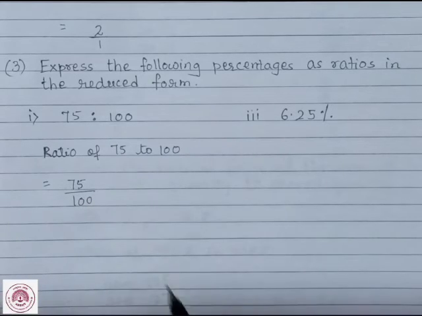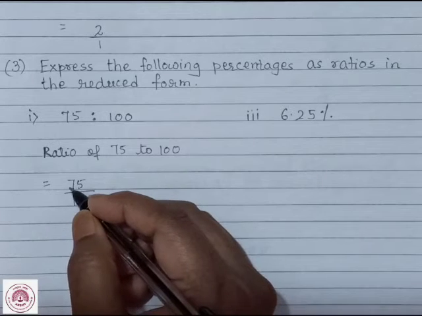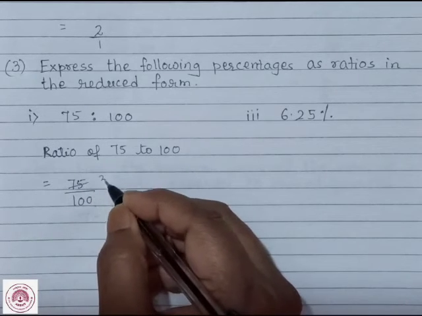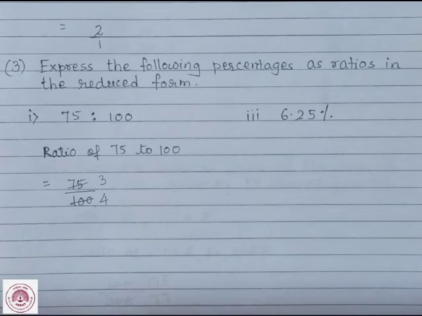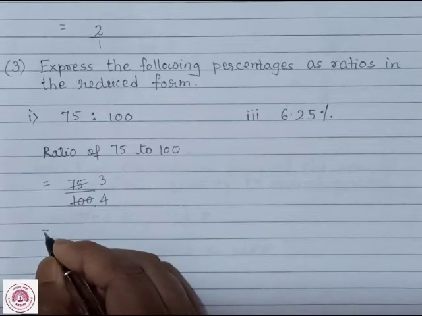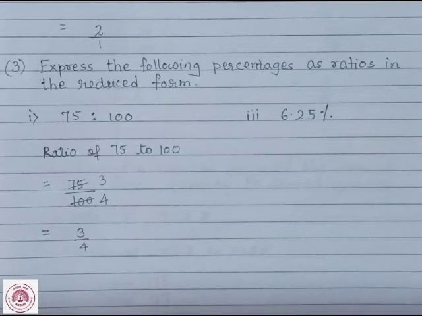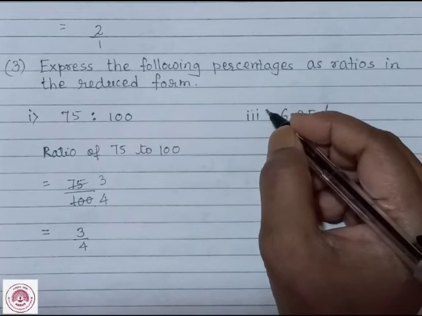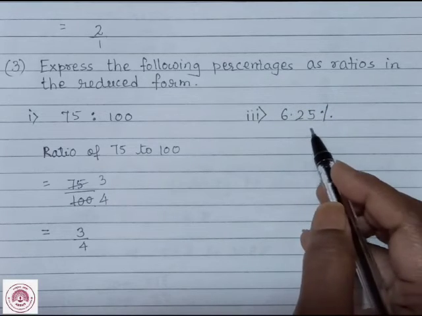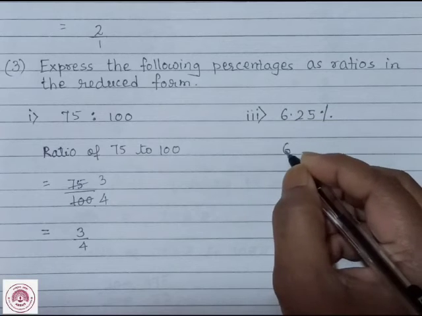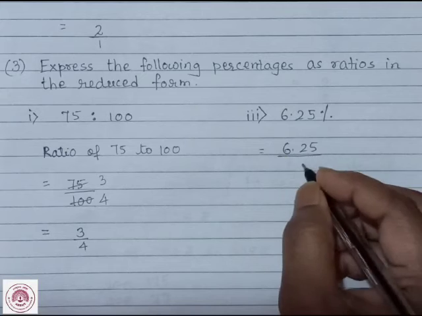Now we can divide both these numbers by 25. So 25 3 times is 75, 25 4 times is 100. So the answer is 3 upon 4. Now let's solve the next one, which is 6.25%. Now 6.25% means 6.25 upon 100, right?